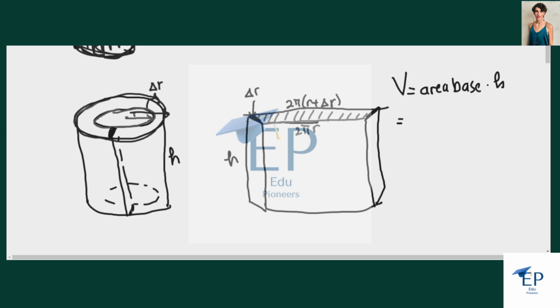Okay, so the area of a trapezoid is half times the big base, 2 pi (r plus delta r), plus the small base, times the height, which is delta r, the height of the trapezoid, approximately. Yeah, sorry, I drew this as delta r right here, all of these.